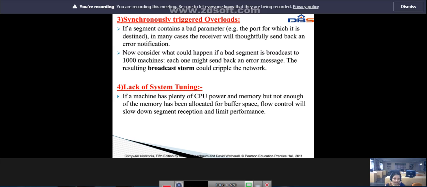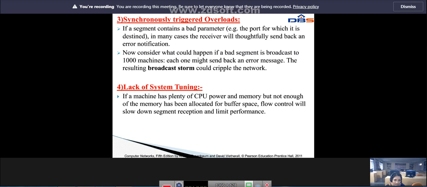If any error occurs at the receiver side or data is lost, it will send a negative acknowledgement or some error notification. Now consider what would happen if a bad segment is broadcast to 1000 machines. Each one might send back an error message.